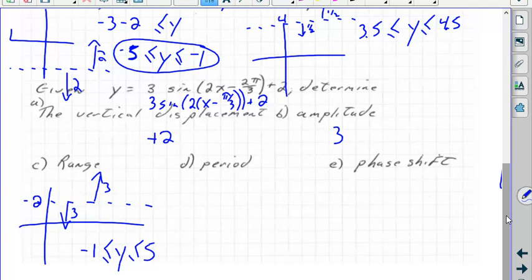Okay. Period. Well, the 2 tells me I have a stretch by a factor of 1/2. So we can think about it. It was originally 2 pi. I stretched it by a factor of 1/2. It's now pi.